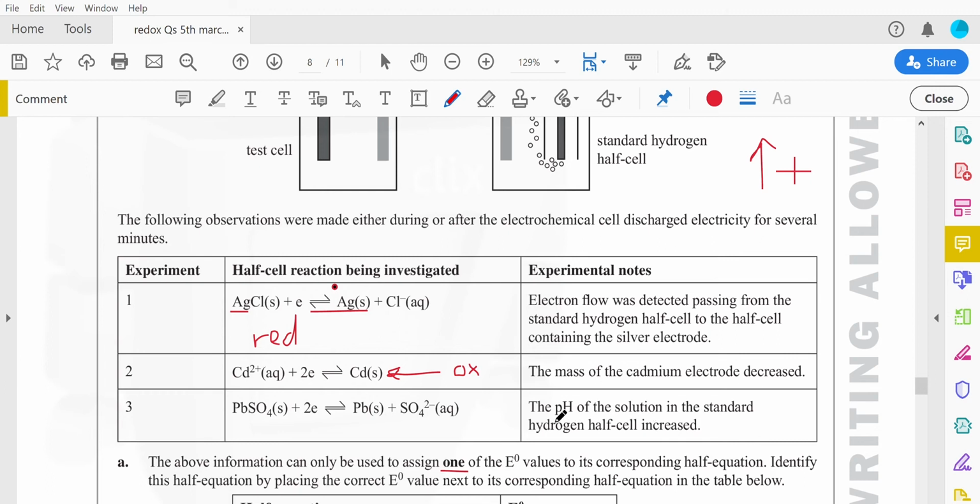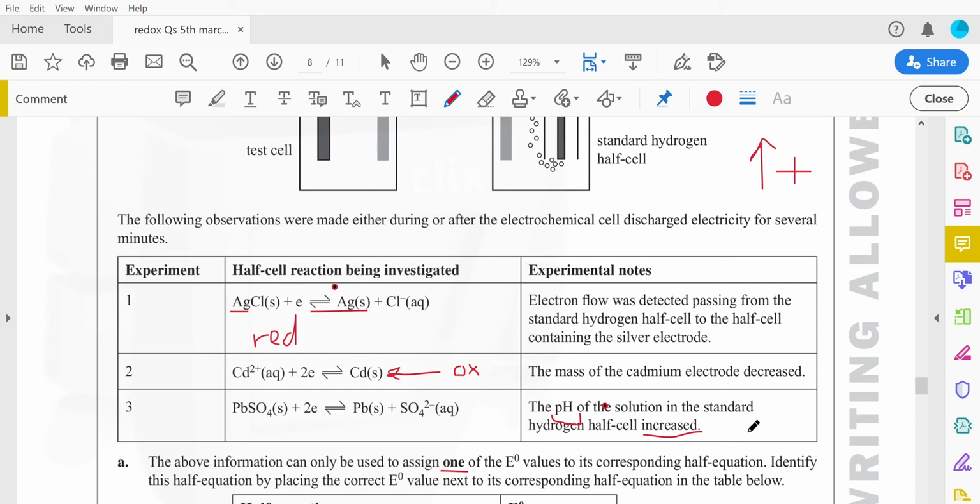If the pH in the solution increased, that means the pH went up, that means it became more basic. Therefore, we know that we've been removing hydrogen ions from that situation.